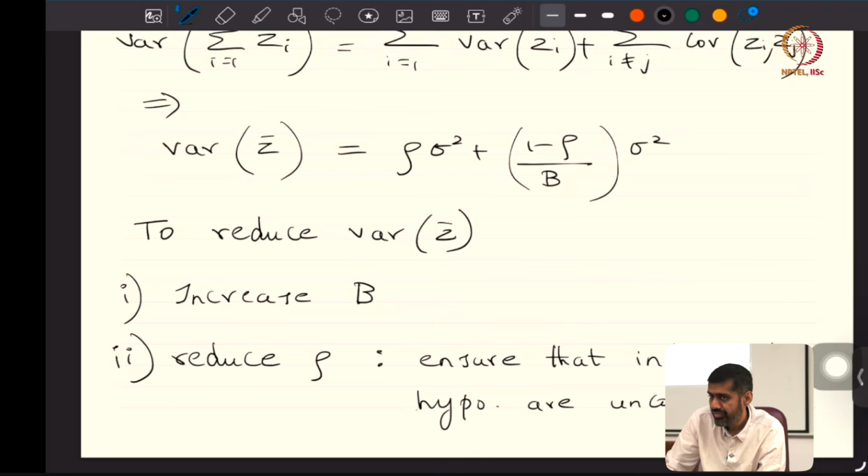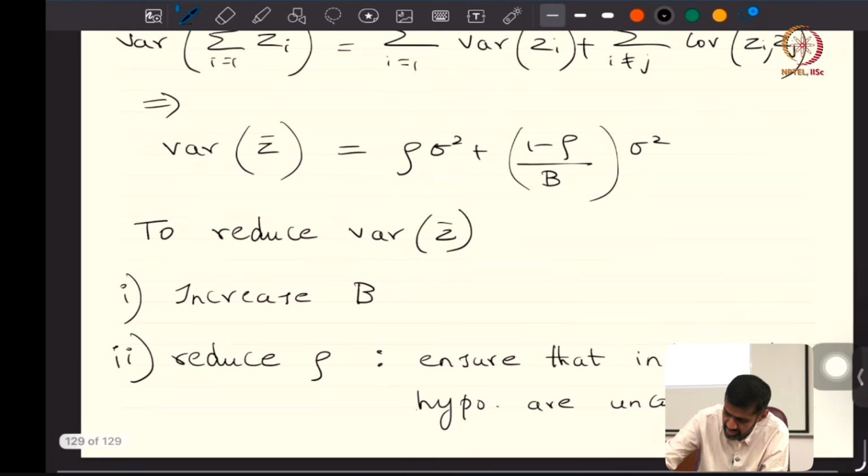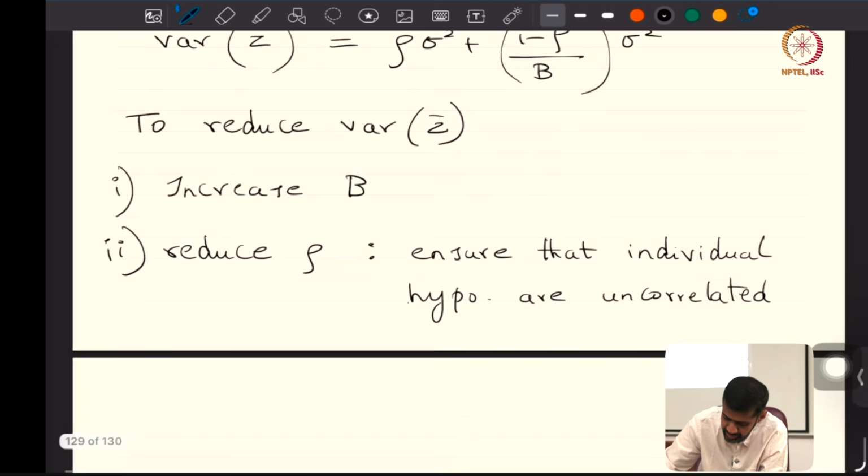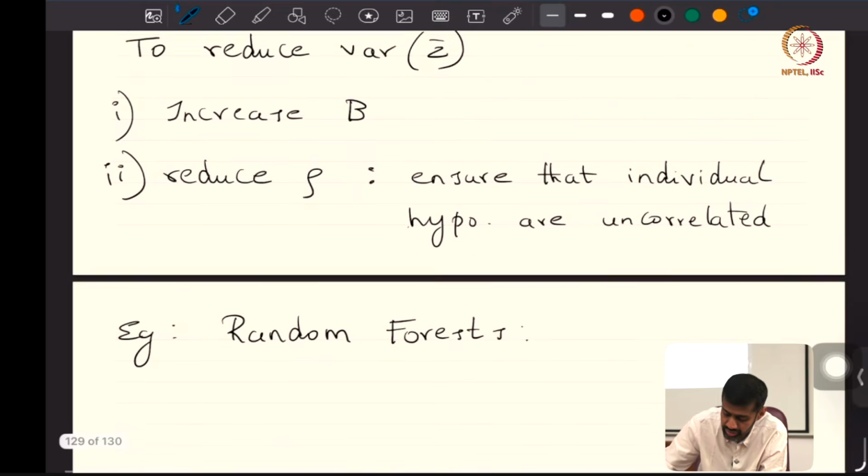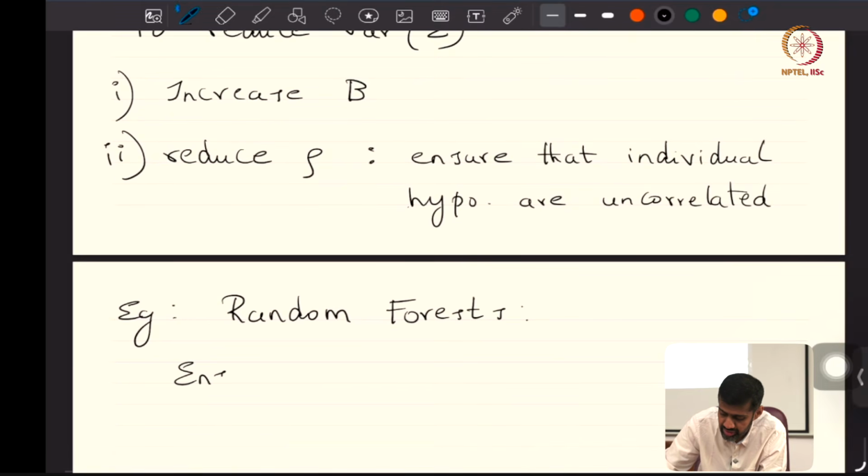Alright. So, to make hypotheses uncorrelated, one example is random forests. This is an ensemble of decision trees.